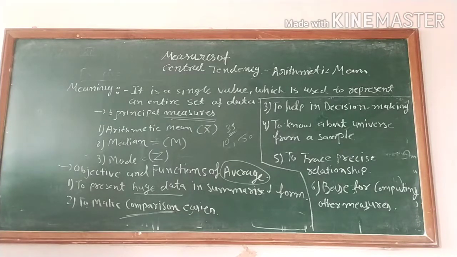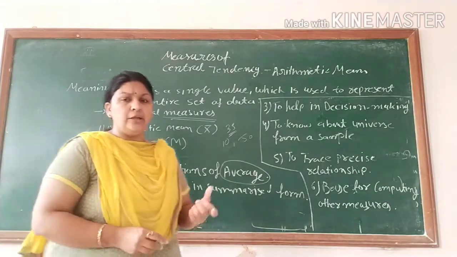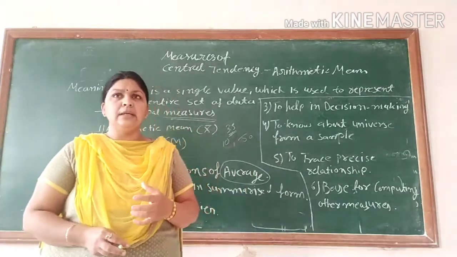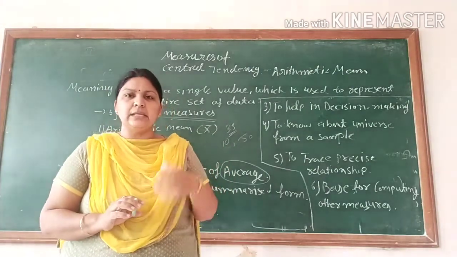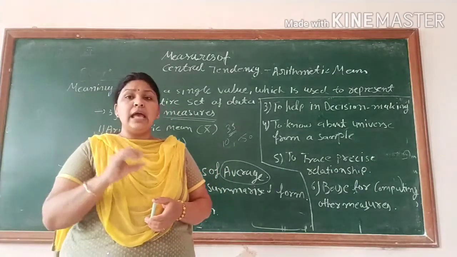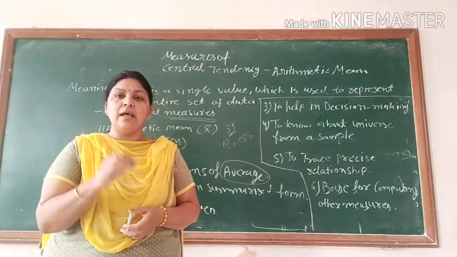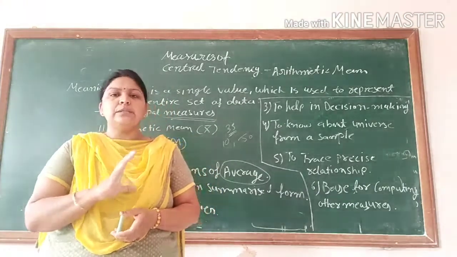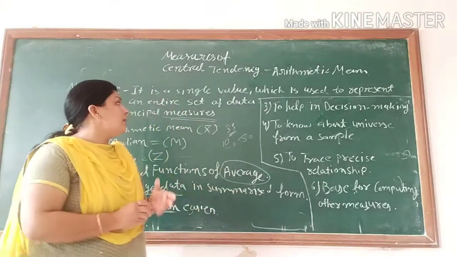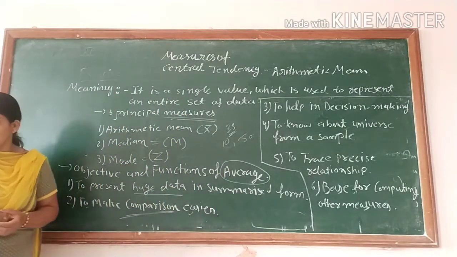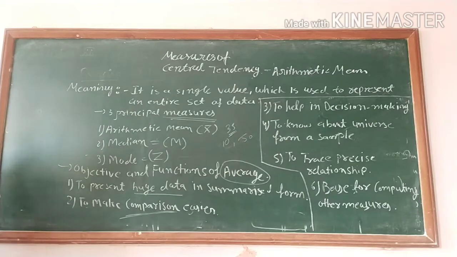Average offers the base of computing various other measures, like dispersion, skewness, curvature, that help to make the other phases of statistical analysis. बहुत सारी चीज़ें हैं जो एवरेज के use से आपको find out करनी है, but in your syllabus, dispersion is there, one chapter is dispersion. With the help of the average, or with the help of the x bar, you find out the dispersion matter also. So this is all about the function or objective of the average method.